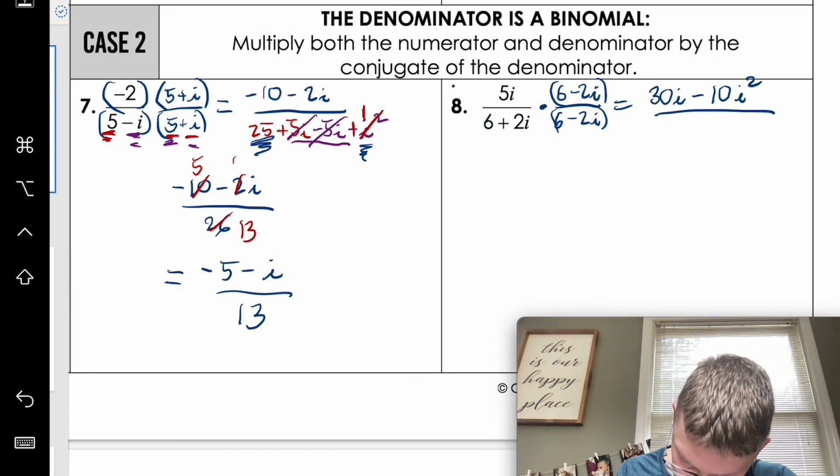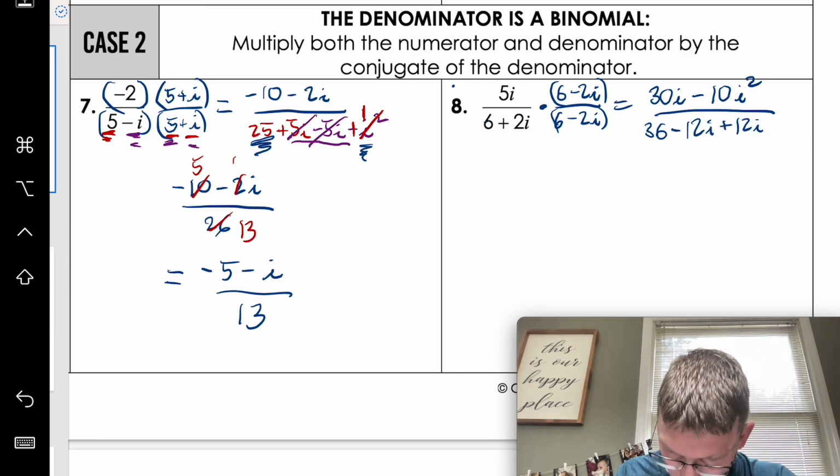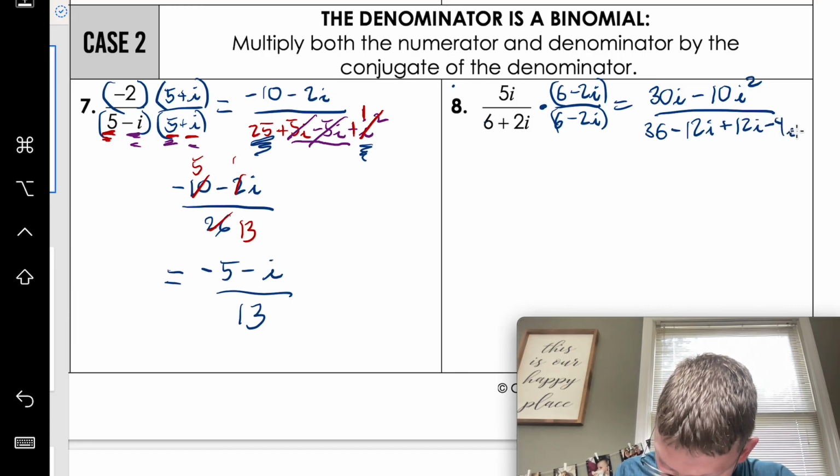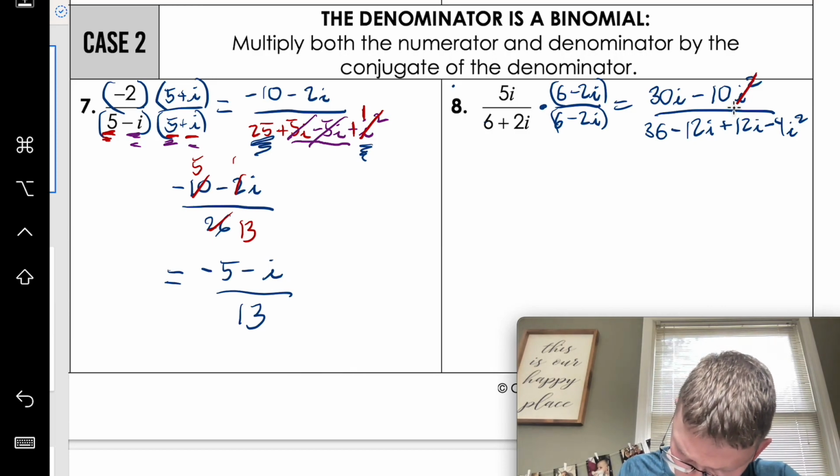And then we're going to FOIL this bottom one out. So 6 times 6 is 36. 6 times -2 is -12i. 2i times 6 is positive 12i. 2i times -2i is minus 4i squared. So then from there, we've got an i squared. Let's change our sign.